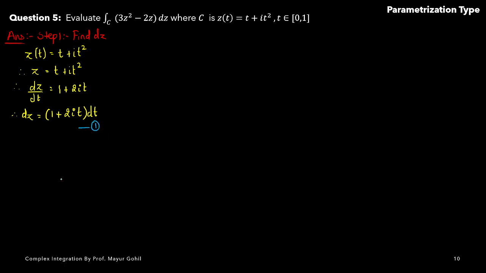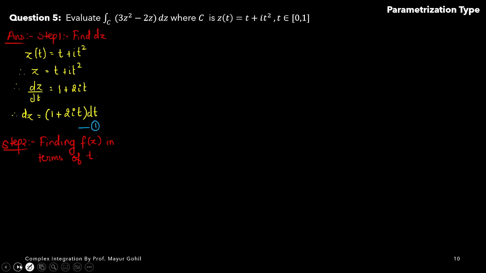Now we need to calculate the value for the function in terms of the variable t, because it's the only variable over here now. So step number 2 would go for finding f of z in terms of t.